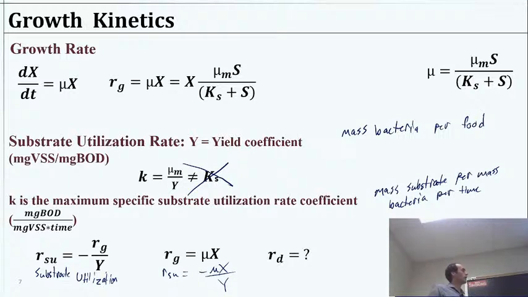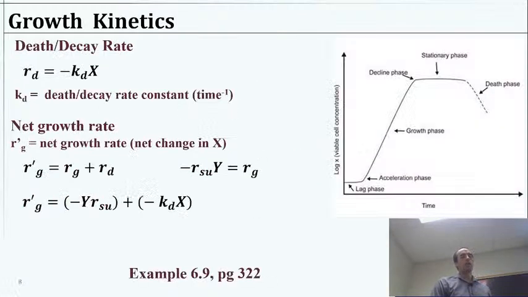All right, the only thing left for us to get a handle on is RD. What is the rate at which the microbes are dying? This is generally going to be given, just some standard constant, since we have a known amount of microbes dying over time.